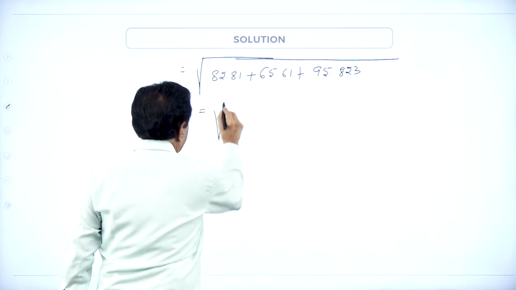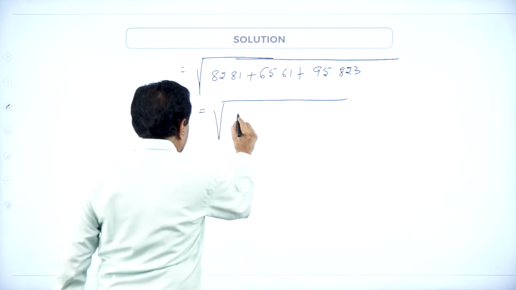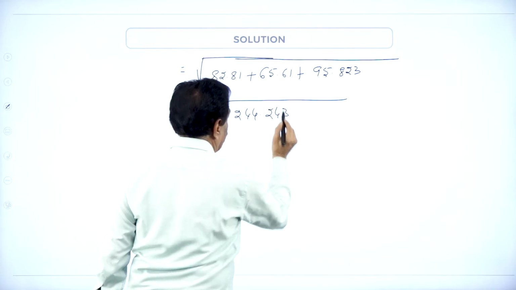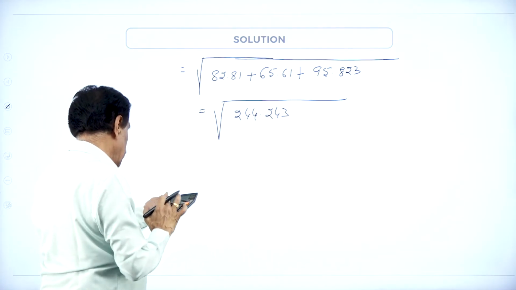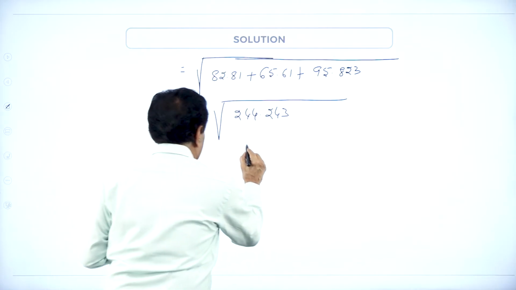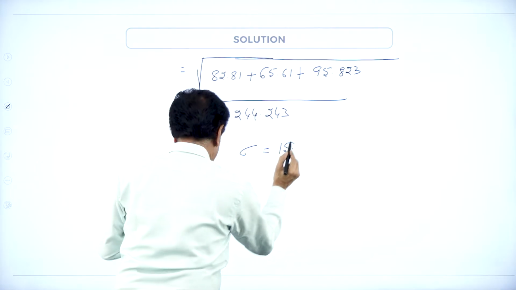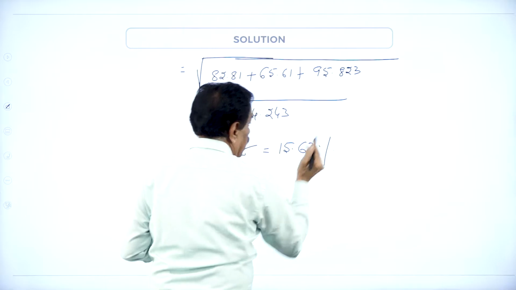Root of 244.243. So root of this is 15.63. Standard deviation is equal to 15.63. 10 marks.